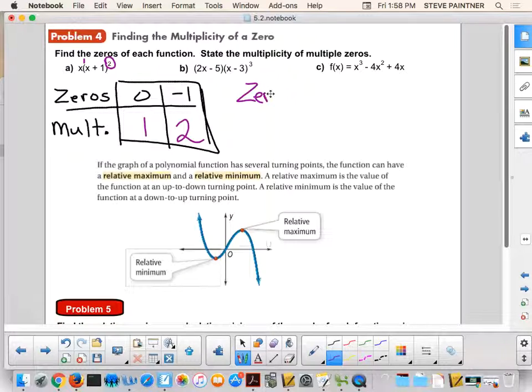Hold on. Multiplicity. Ready? Harry, give me a 0. Adrian? 2.5 and 3.